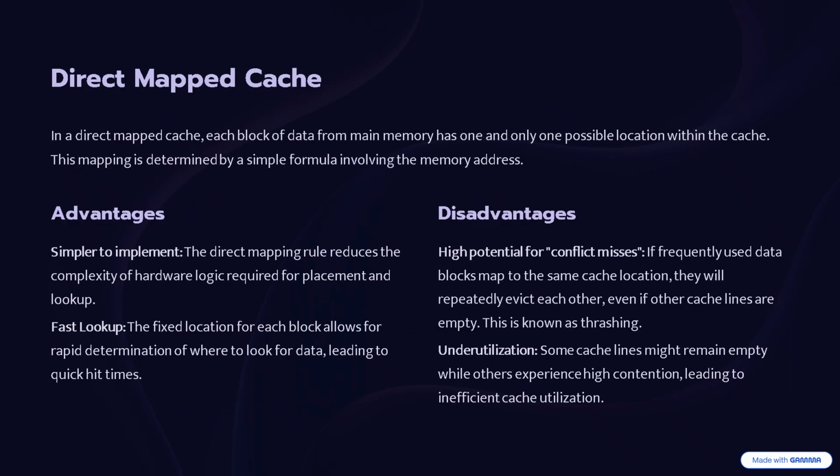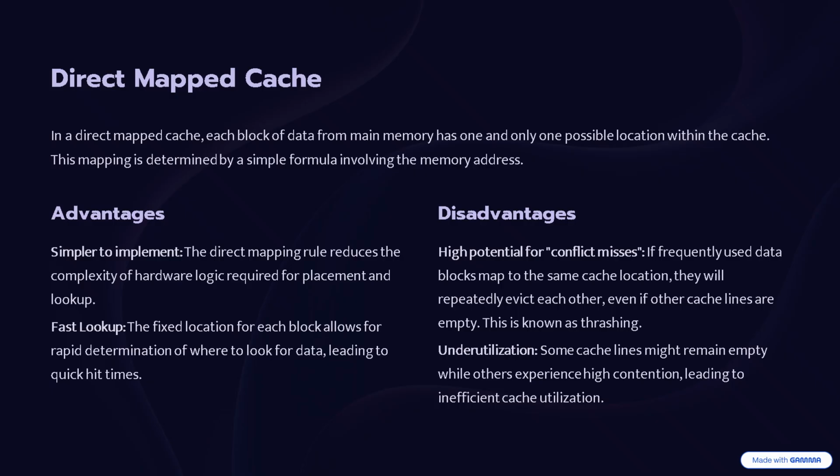In a direct mapped cache, each block of data from main memory has only one possible location within the cache. This mapping is determined by a simple formula involving the memory address. Here are the advantages and disadvantages.